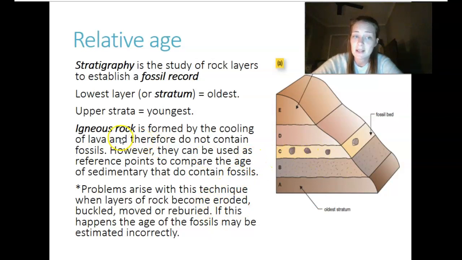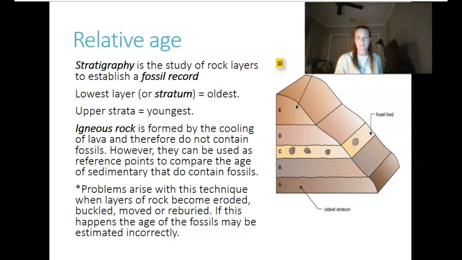You have igneous, which is the formation of a rock layer from volcanic activity, so it's molten rock that has cooled and hardened, and for that very good reason doesn't contain fossils. Because it was molten rock, so anything that was dead inside that layer would have been burnt up.